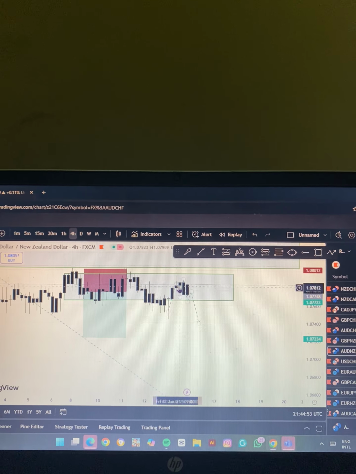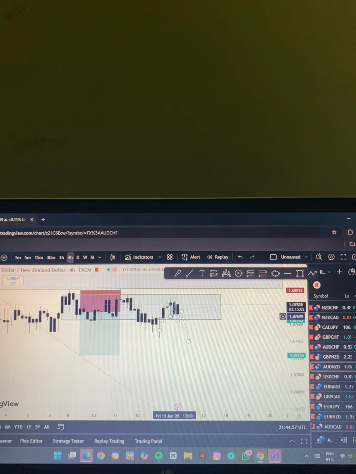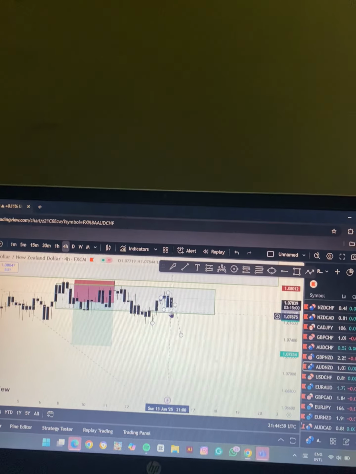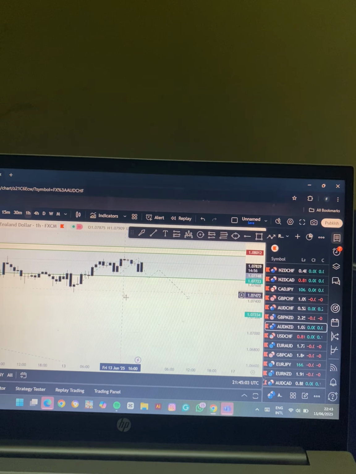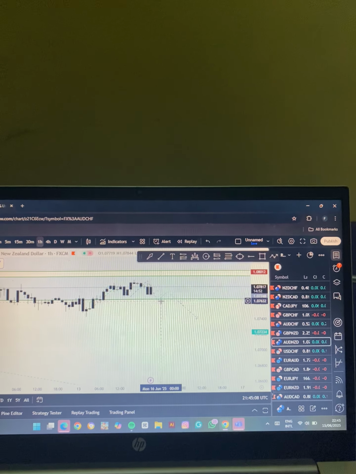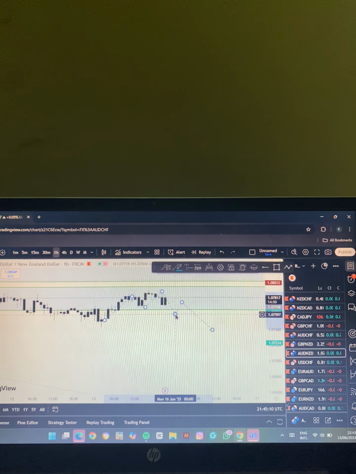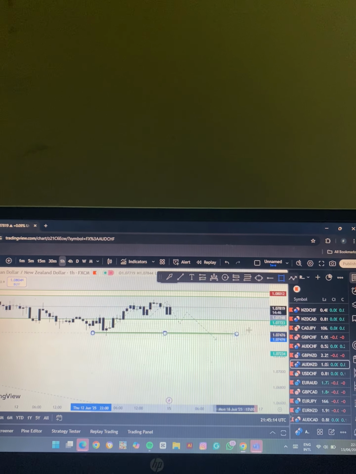Now it has done the retest, a bullish engulfing or something like that. So we just wait for this to form a good structure. We'll wait for it to break out of this box, retest again, then retest this area instead.